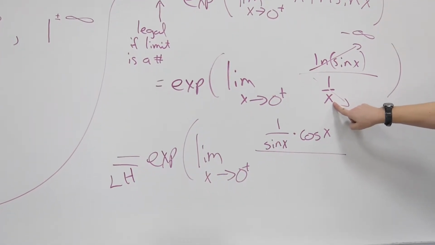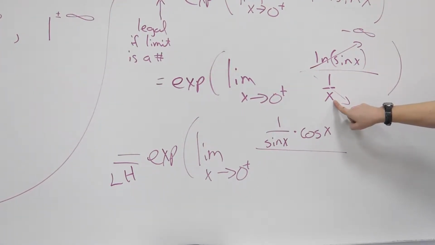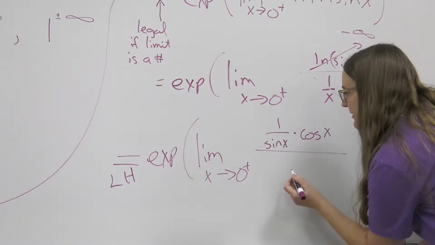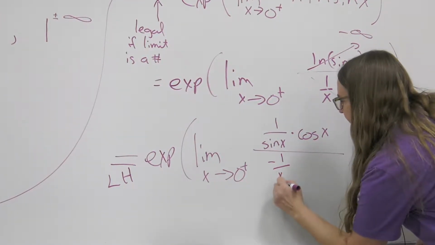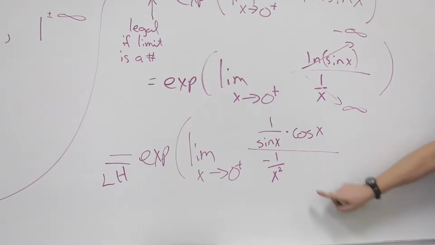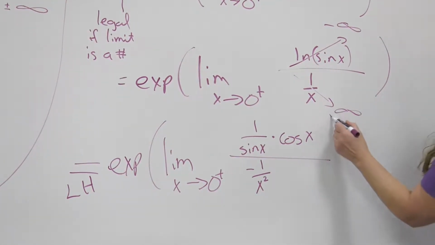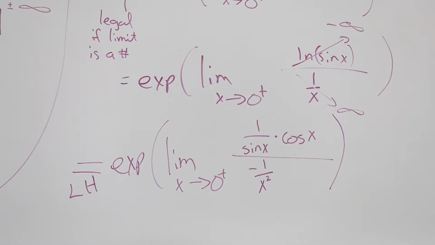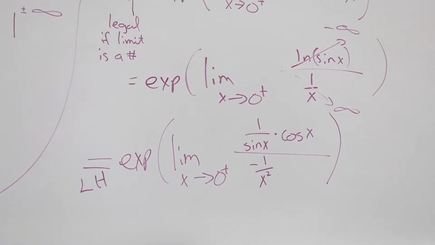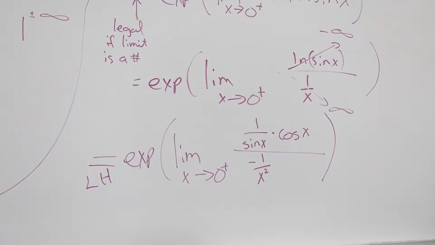1 over x, remember that's just x to the negative 1, so that when I take the derivative, I get negative x to the negative 2, which I can write as negative 1 over x squared. Okay, so let's do a little bit of simplification before we look to see whether we're good to go or not.